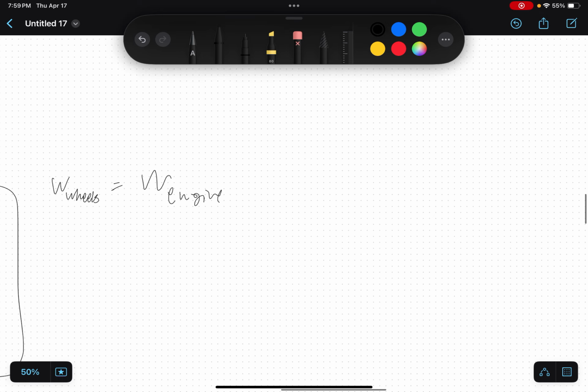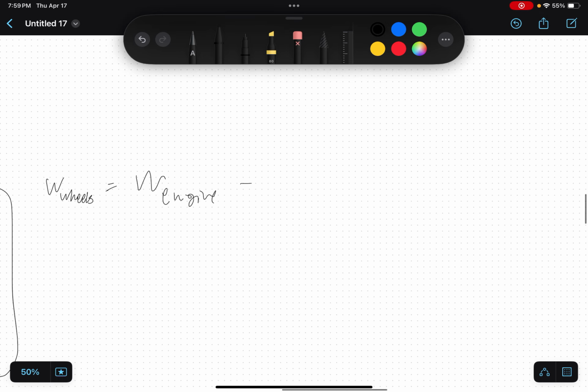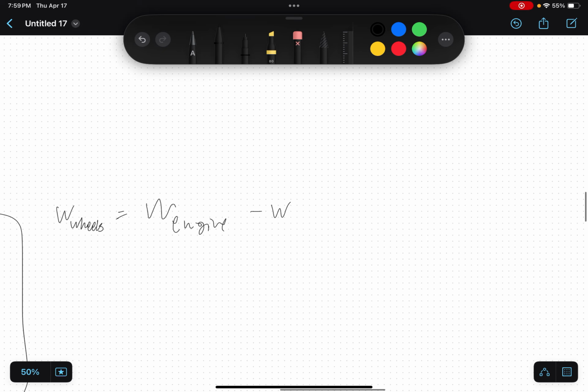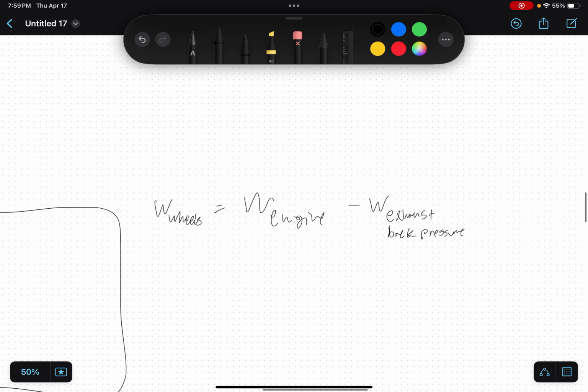Wheels power is engine power minus a bunch of stuff. One of them, and the one we're going to talk about here, is exhaust back pressure. So if you want to maximize the power to the wheels, you want to minimize the exhaust back pressure.